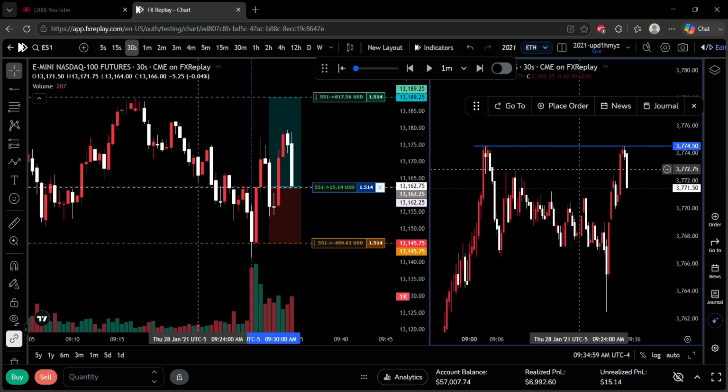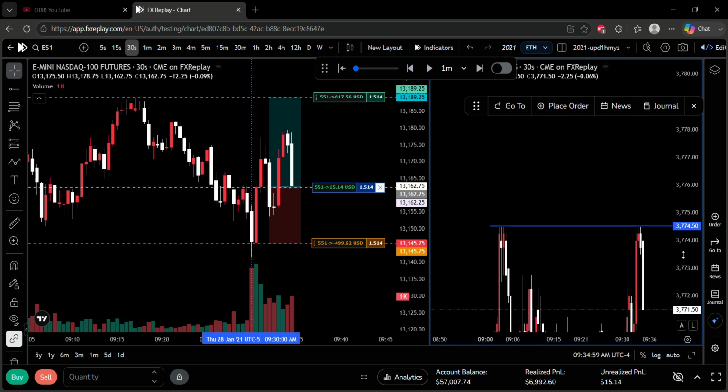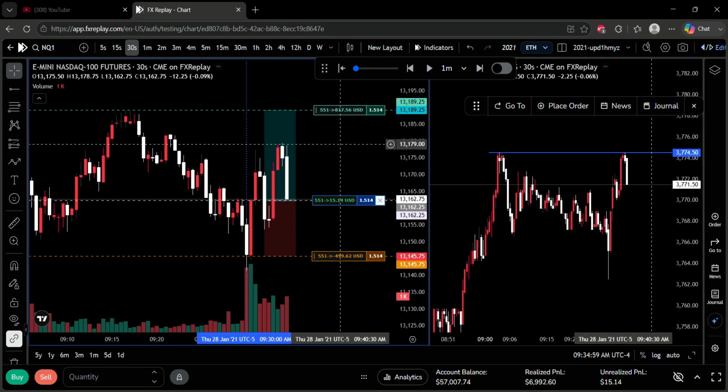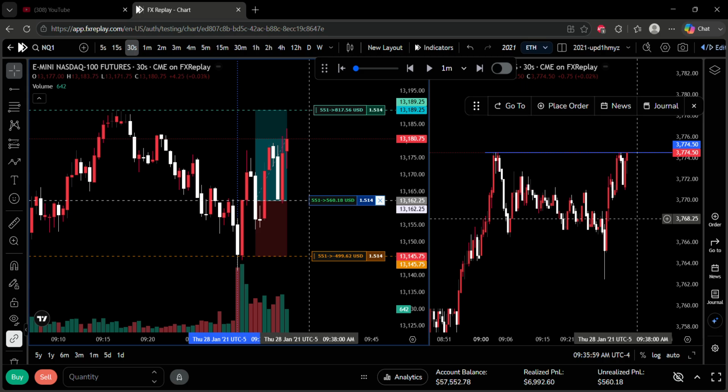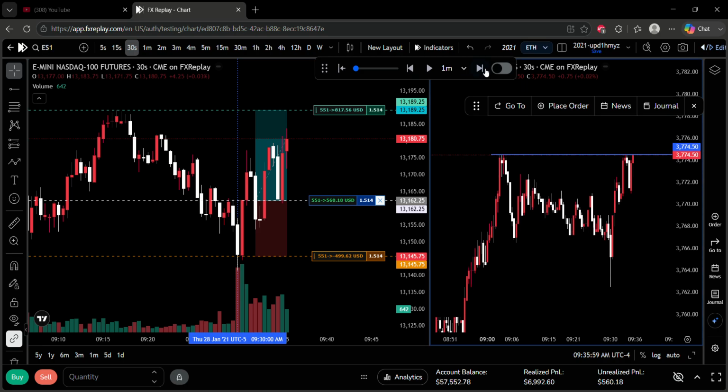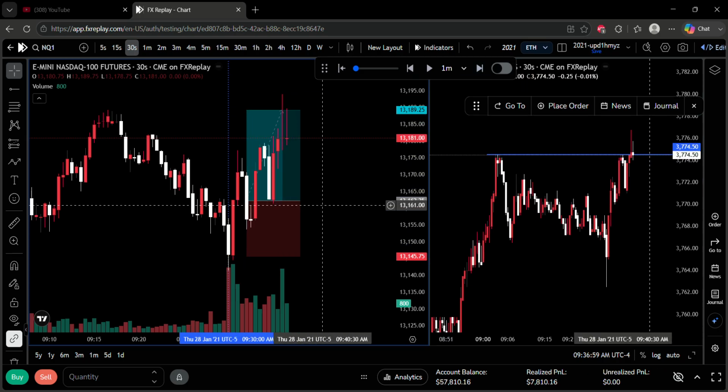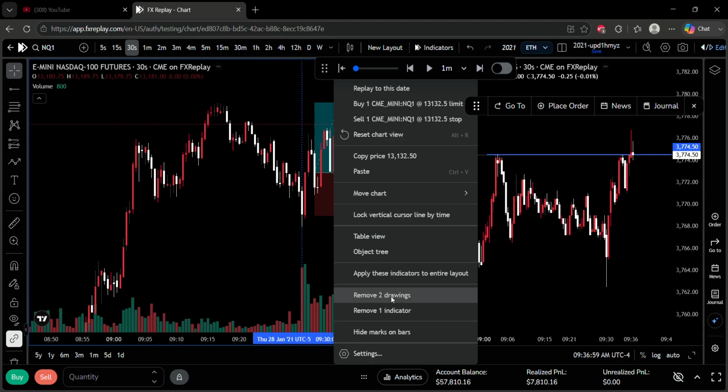I'll break even once ES takes my drawn liquidity, which it made exact equal highs. I feel like that counts. I'm tripping. Maybe did it take it now? Oh, alright, beautiful trade.